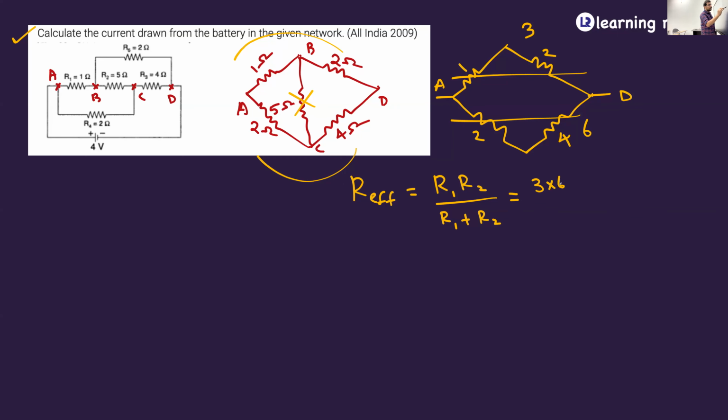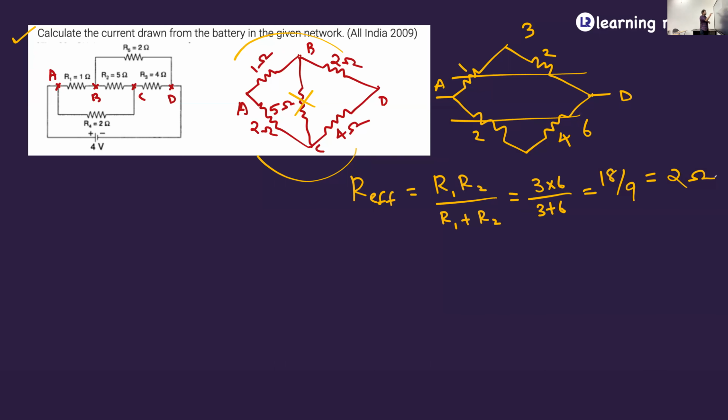So 3 into 6 divided by 3 plus 6, which is going to be 18 divided by 9, which will be 2 ohm.